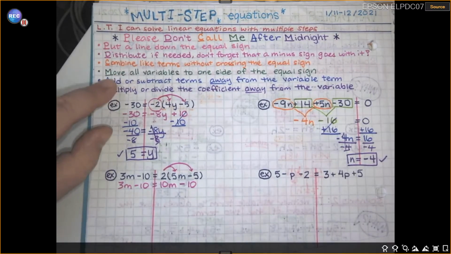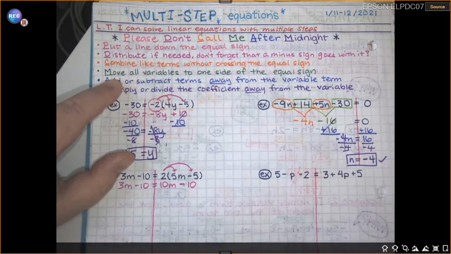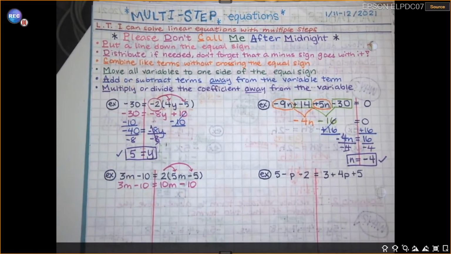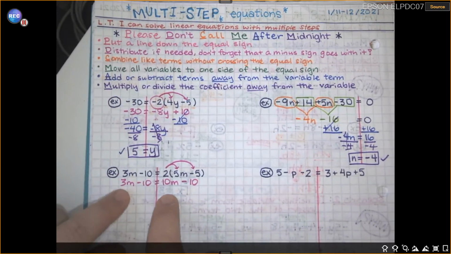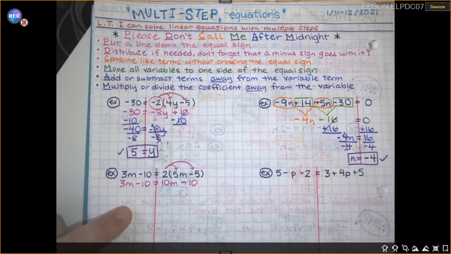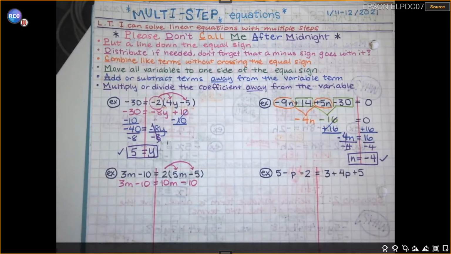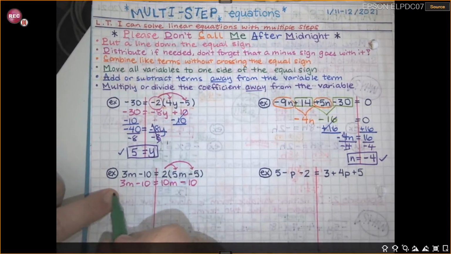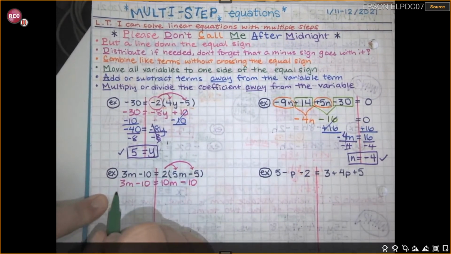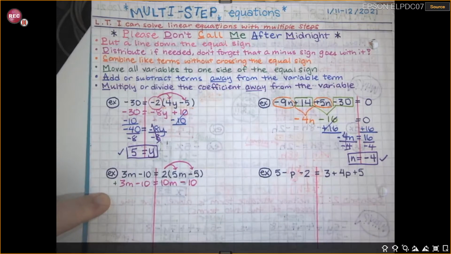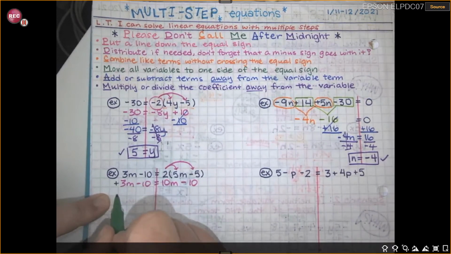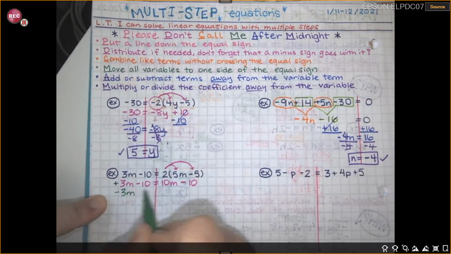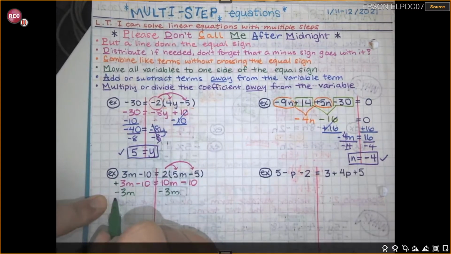So now we go to move all variables to one side. So this time we have an m on the left and an m on the right. So from our notes from before, what we're going to do is move the lesser of the two. So 3m is lesser than 10m. So I'm going to recognize that that's positive 3m and do the opposite, which is minus 3m, minus 3m.